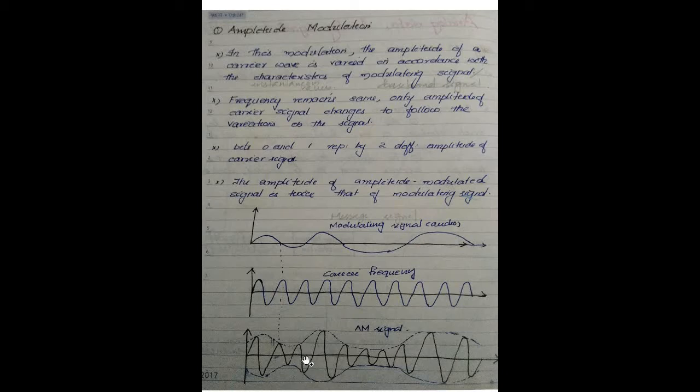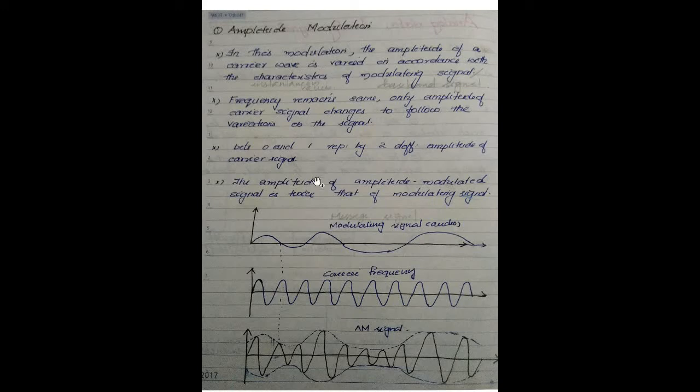Whenever it is at the positive maximum, the amplitude modulated signal has the highest amplitude at this height. This is what is done in amplitude modulation.